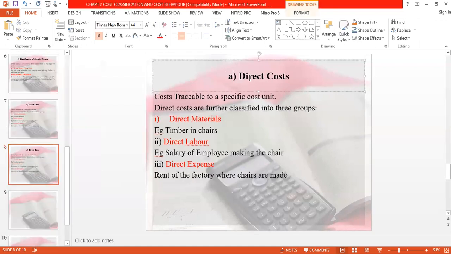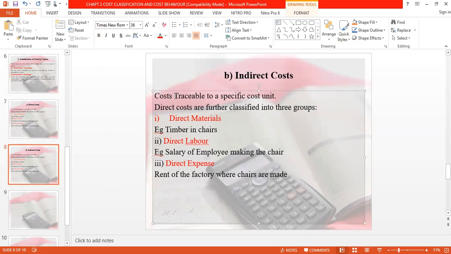In B, we have indirect costs. Indirect costs are costs not traceable to a specific cost unit.